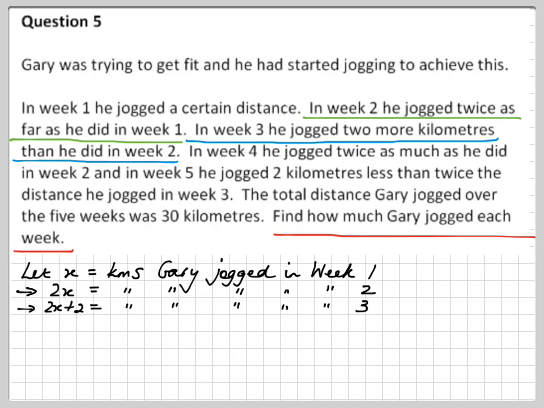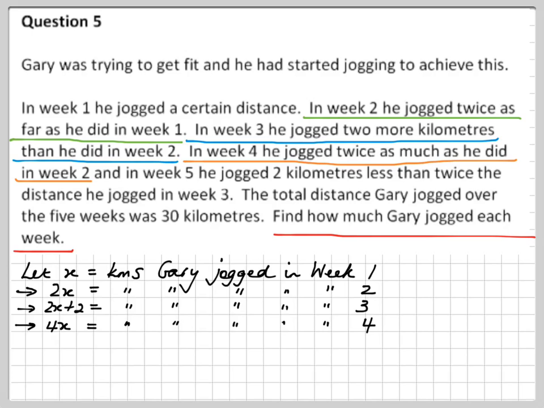So far, so good. Now, here's the funny one. Oh no, week 4's alright, I'll just underline it for you. In week 4, he jogged twice as much as he did in week 2. Twice as much as week 2. What did he do in week 2? Yes, 2X. So what is twice as much as 2X? Yes, he did 4X in week 4. This is really easy now, isn't it?